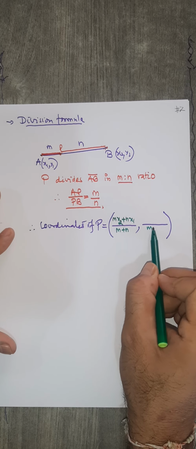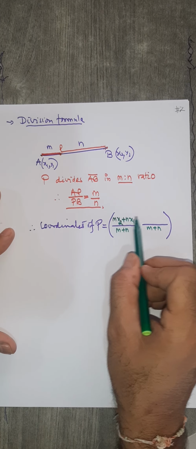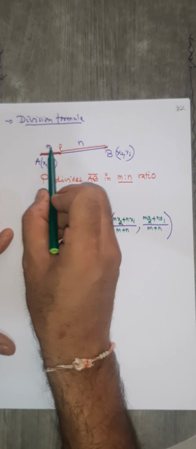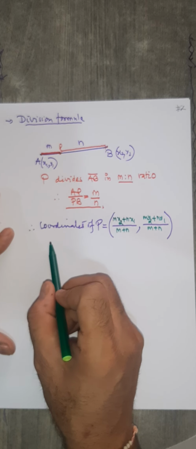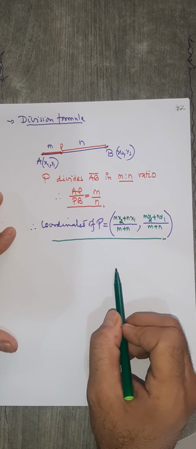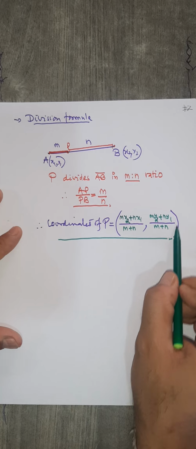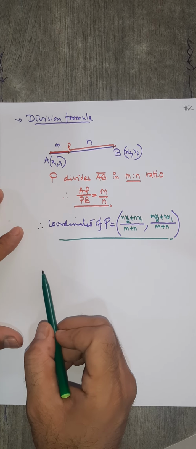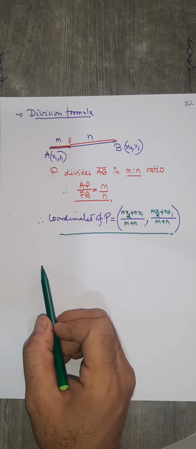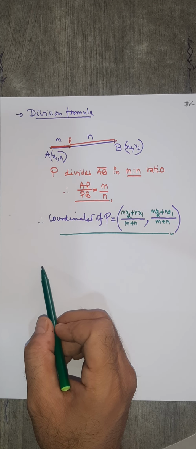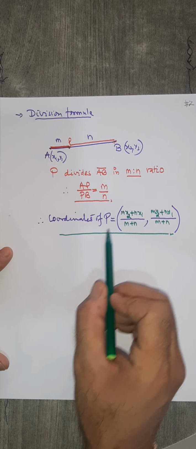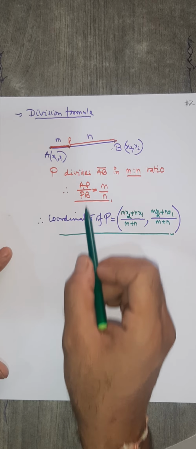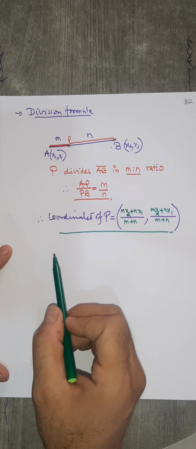Here also m plus n, just you are going to change the coordinates, my2 plus ny1, upon m plus n. This is known as division formula. What it gives? It gives the coordinates of the point P that divides the line segment AB in m:n ratio. What is this division formula or section formula? It gives the coordinates of the point P which divides the line segment AB in which ratio? m:n ratio.